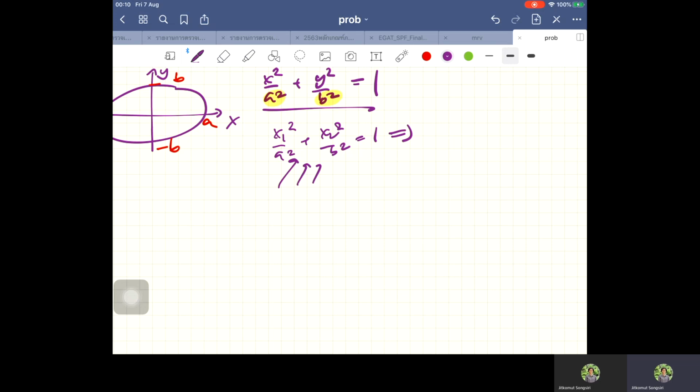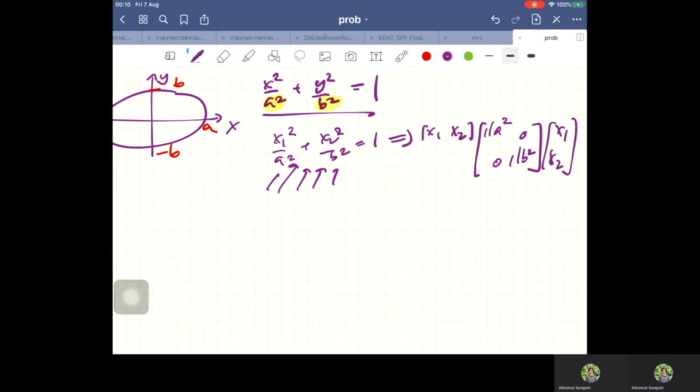So this is a quadratic function in x1 and x2. How about writing it in a vector format? You say this is a row vector x1 and x2 multiplied with this matrix. Then you also see that this is 1 over a square, 1 over b square.